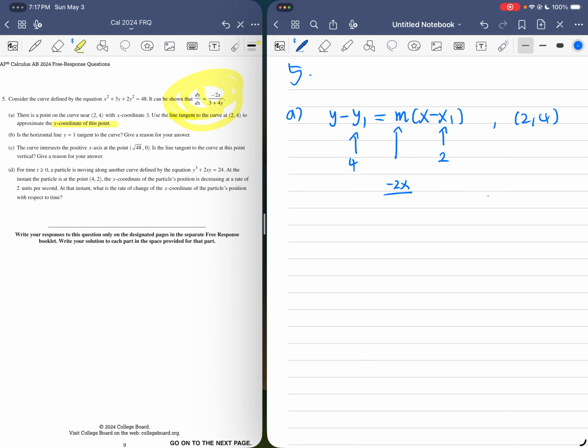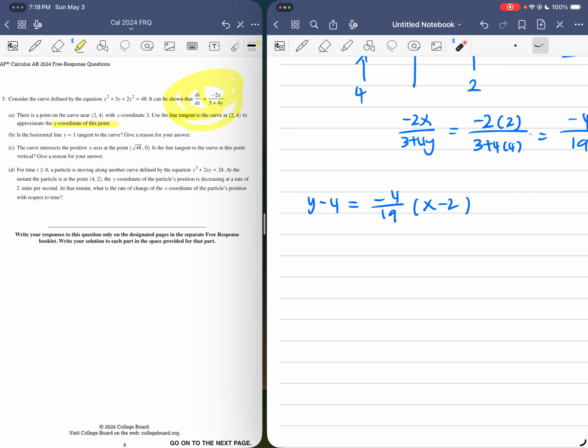negative 2x over 3 plus 4y. We're going to plug these numbers in: negative 2 over 3 plus 4 times 4. Negative 2 times 2 is negative 4, 4 times 4 is 16, 16 plus 3 is 19. So this is y minus 4 equals negative 4 over 19, times (x minus 2).